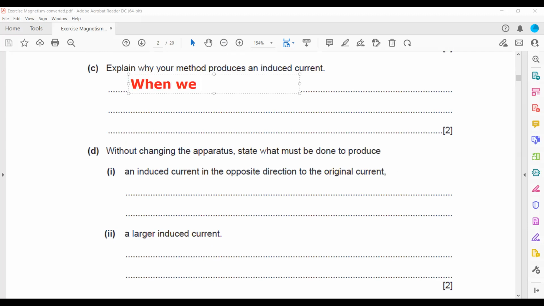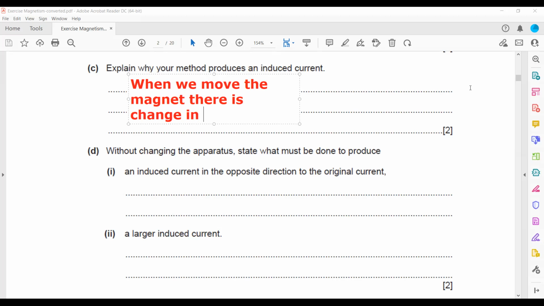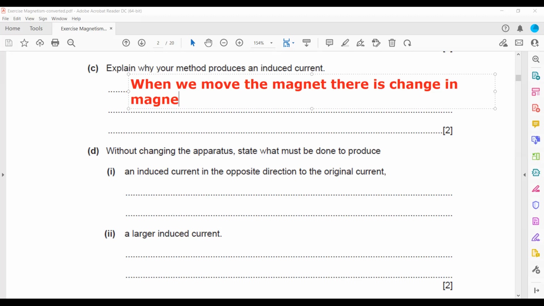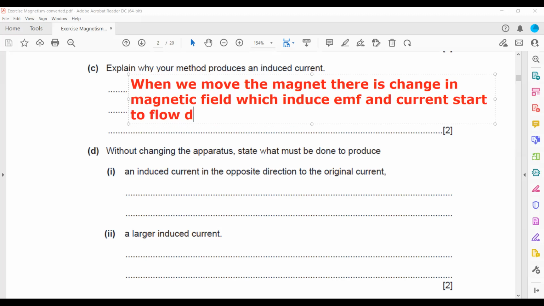When we move the magnet, there is a change in the magnetic field, which induces EMF, and the current starts to flow due to the complete circuit.